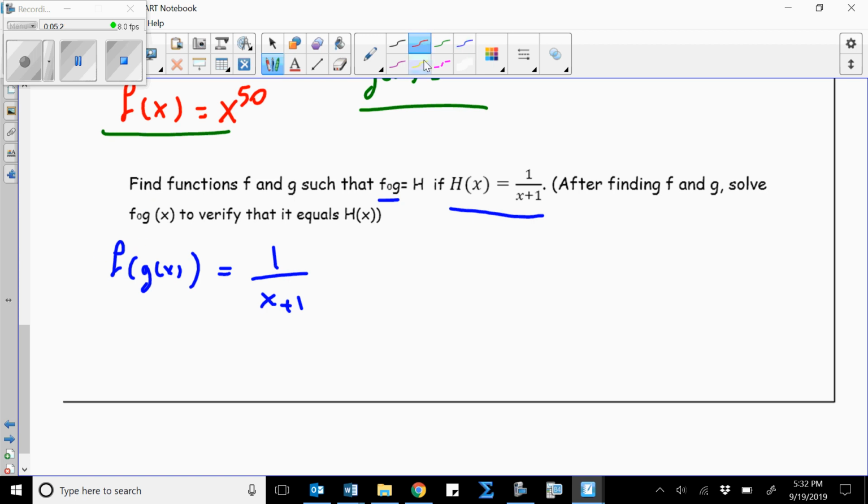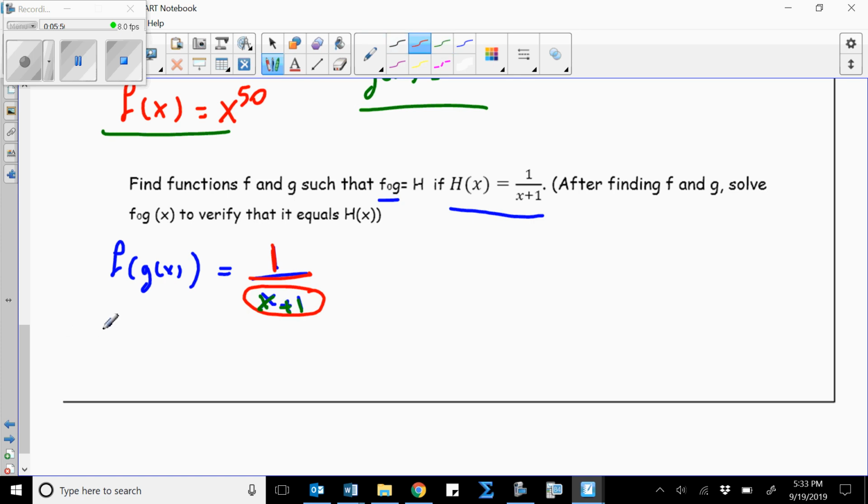Again, we need to look for a function which keeps another function inside itself. As you look at this function, you see that there is a fraction here. We can consider this fraction, 1 over something, as the outside function, and the inside one is whatever you see in the denominator.